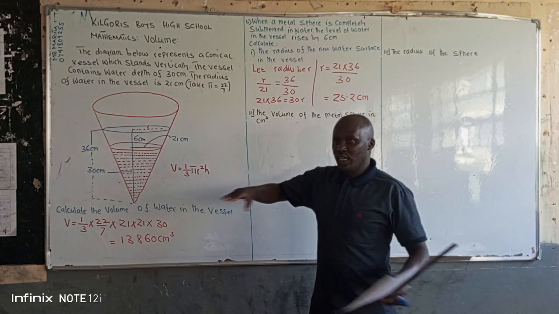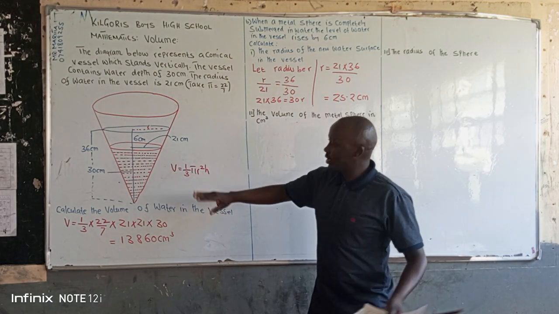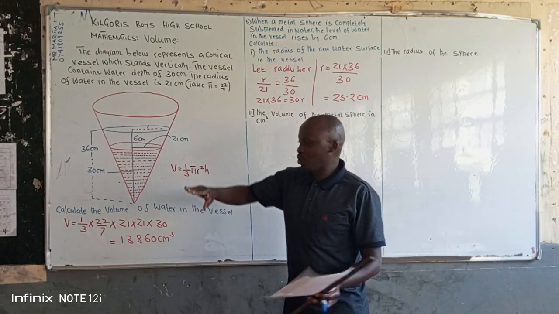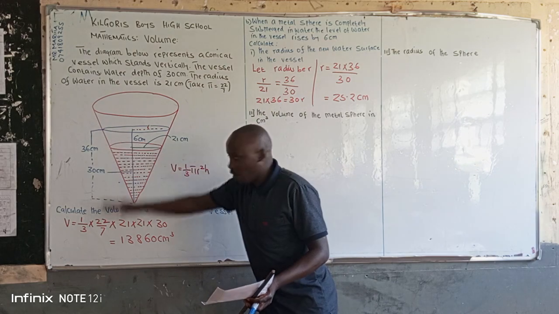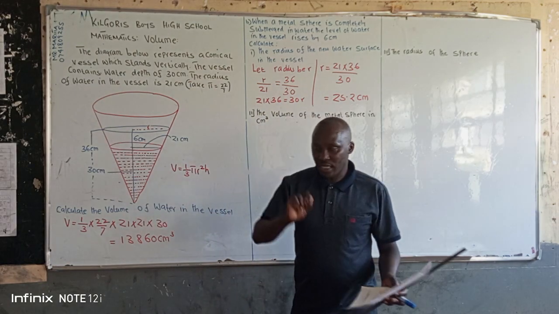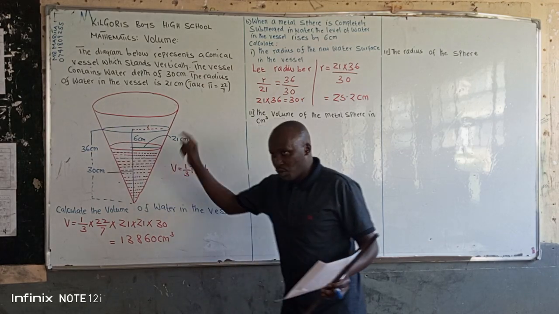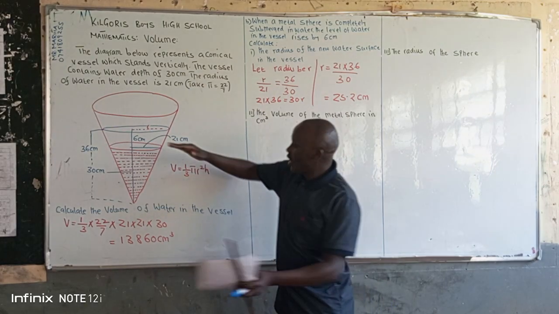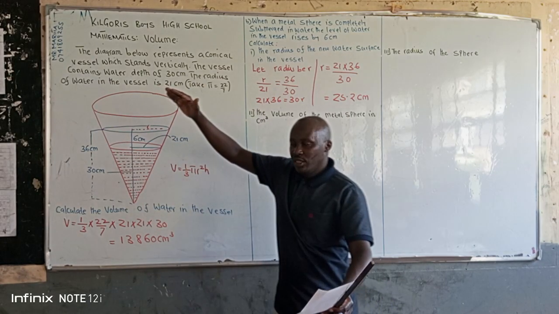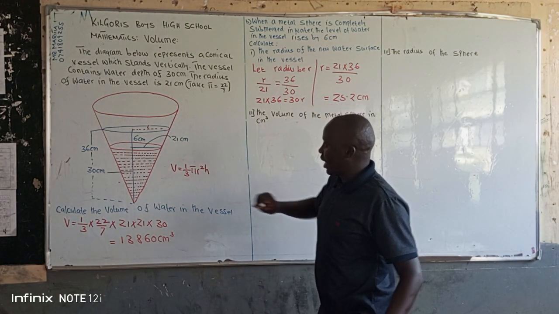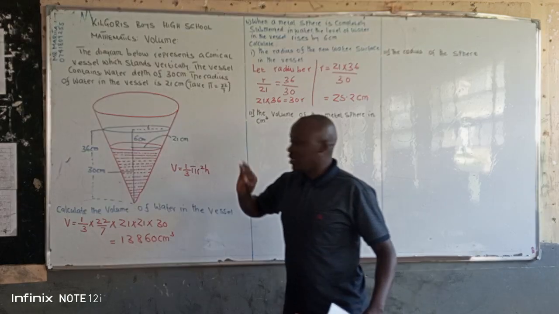So if we take the new level of water to be 36 centimeters, then we are going to have two solids here. We have the smaller cone, represented by water, of a height of 30 centimeters and a radius of 21 centimeters. And then we have another large cone, which has a radius of 25.2 centimeters and a height of 36 centimeters.